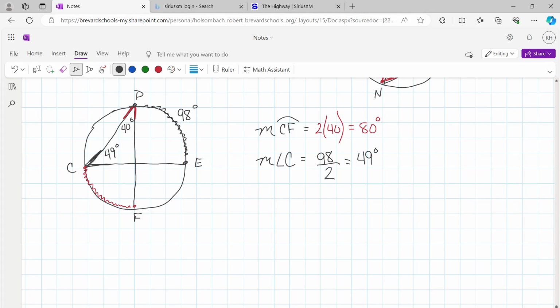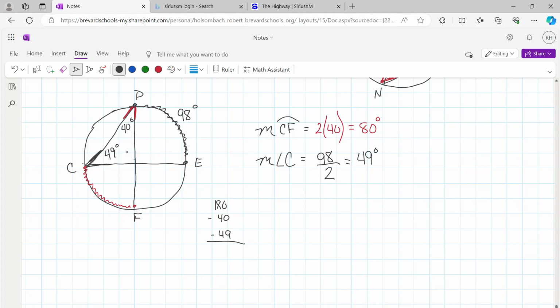All right, and keep in mind that we still have a triangle in here, or in this case, we formed a triangle in here. So if you were asked to expand on that, you could find the third angle in this triangle. So if we take 180 minus 40 minus 49, we get 91 degrees.